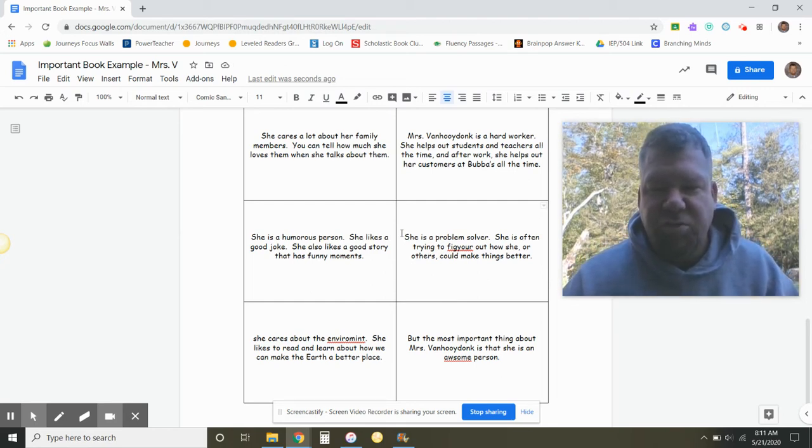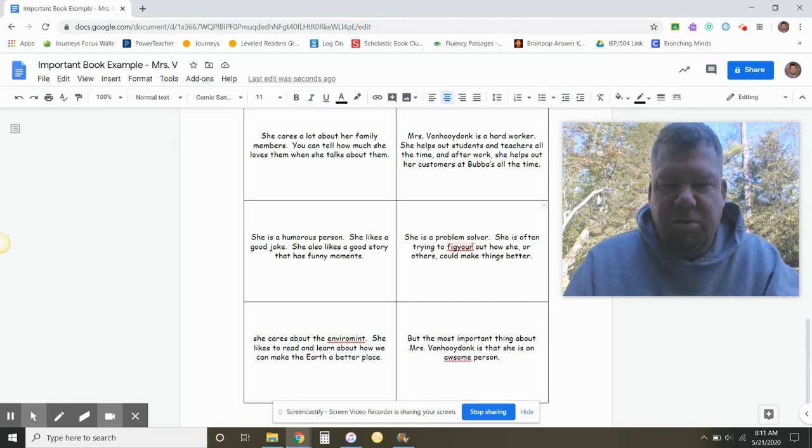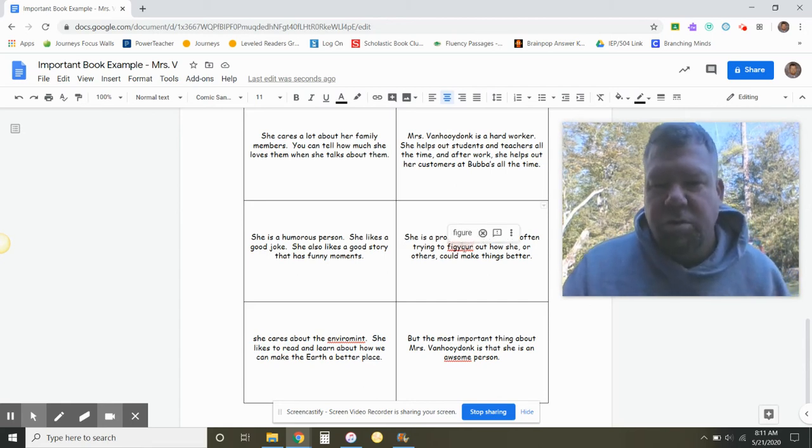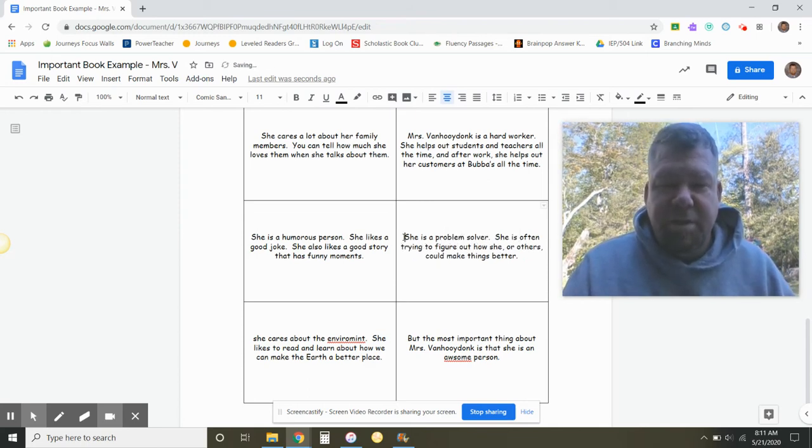She is often trying to figure out how she or others could make things better. Well, in this instance, we have a nice red squiggly line provided to us by Google Docs once again. Figure is misspelled, it is incorrect. If you click on it, oftentimes Google Docs will provide you with the correct spelling, unless, of course, you have misspelled the word so poorly that they have no idea what you were trying to say. But they knew what I was trying to say.